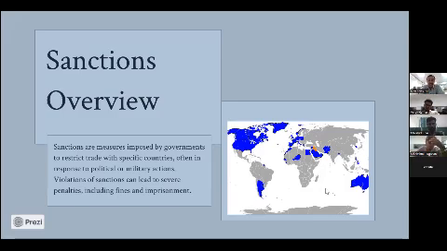Violation of sanctions, if you still export or import goods to such countries, will lead to severe penalties, including fines and imprisonment. Imprisonment means putting you in jail, behind bars, because you have violated the rules of the government of India.